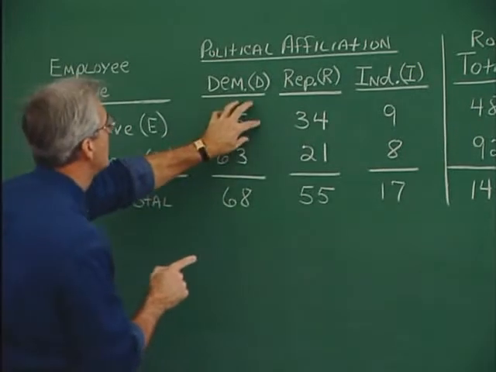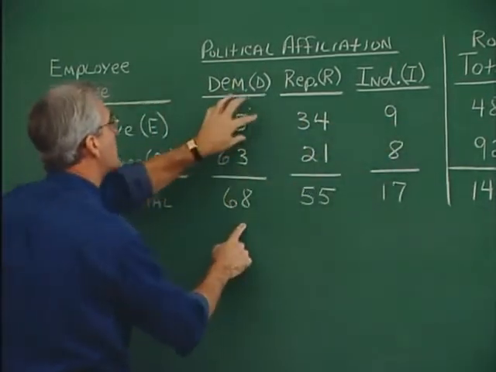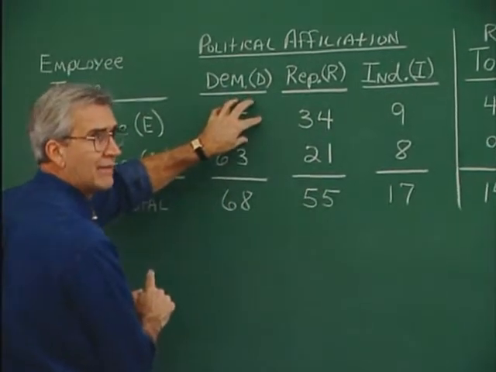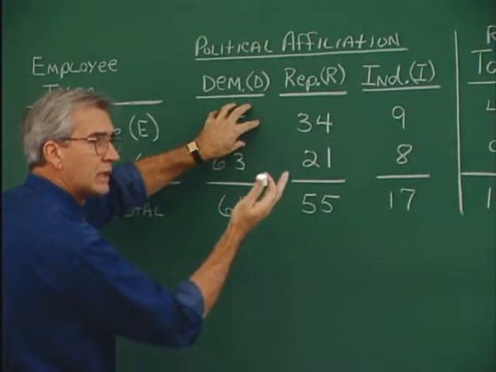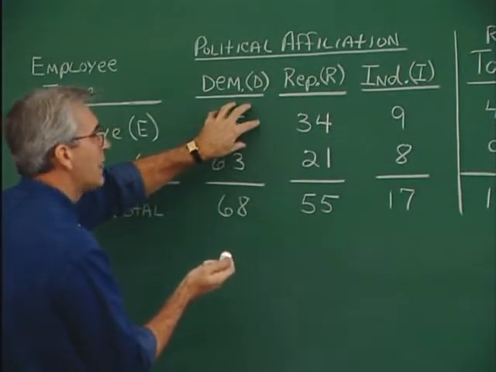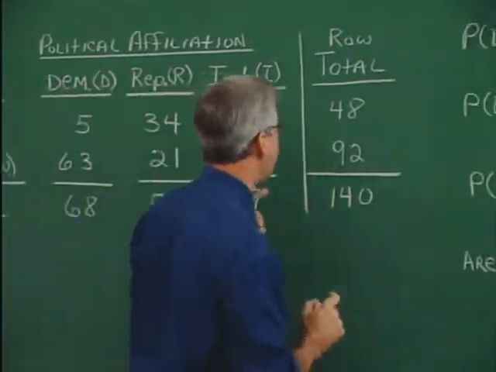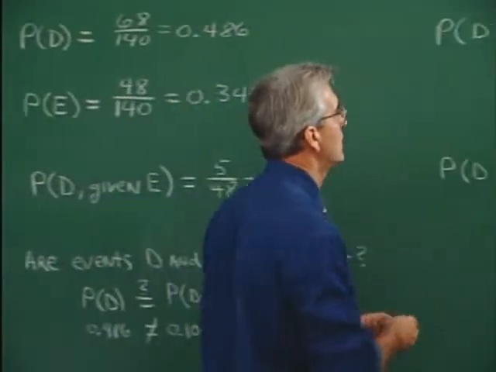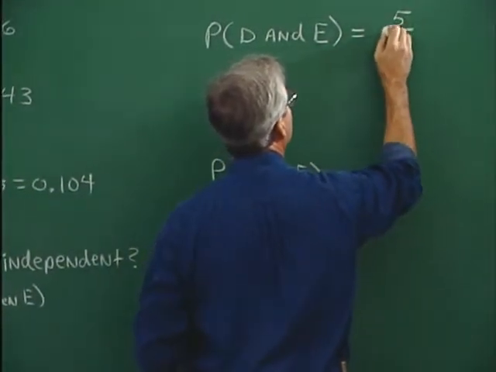Well, just this, because it's the intersection of the executives with the Democrats. There's only 5 of them. So for a random sample that's just choosing one out of the group, there are 5 favorable outcomes and 140 possible outcomes. So it'd be 5 over 140. Let me put that out over here. This is what we're finding intuitively.